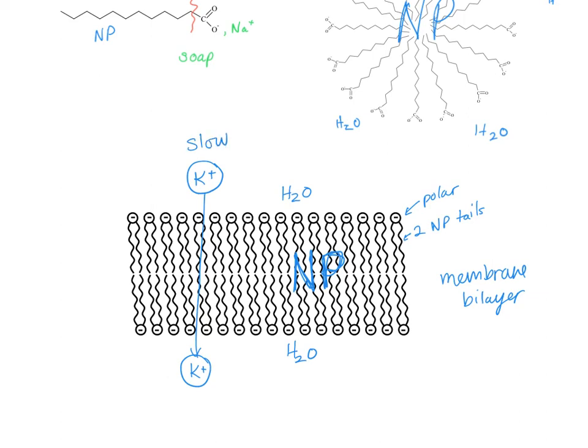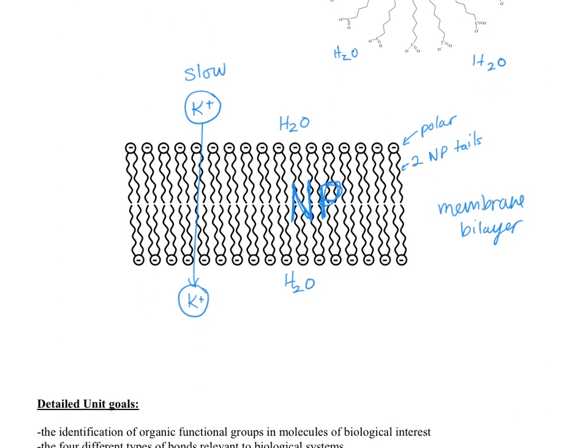So slow as to be almost non-existent. I want to summarize this little fact by writing this down. It is almost impossible to drag a full charge through a membrane.